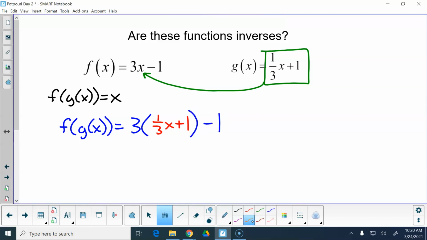Distribute. 3 times 1/3 is 1 times x is x. 3 times 1 is 3. Then we got minus 1. So that gives me f of g of x is x plus 2. Is that equal to x? Nope. So these are not inverses.